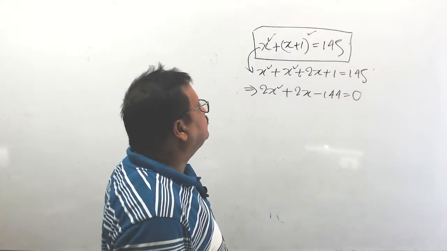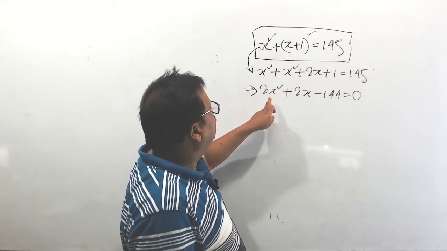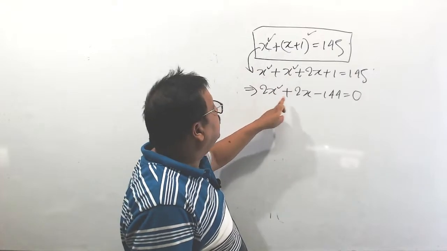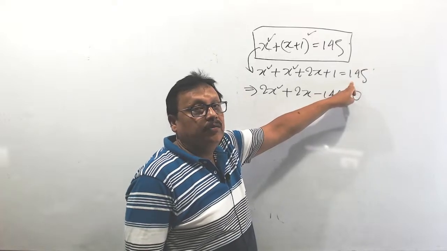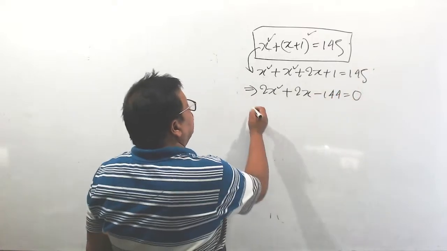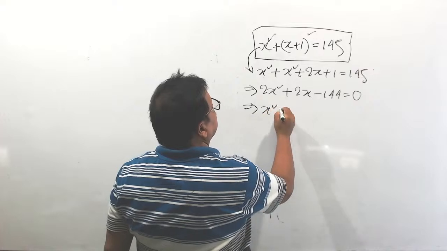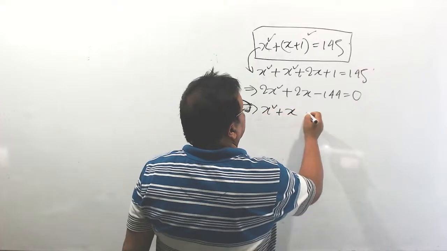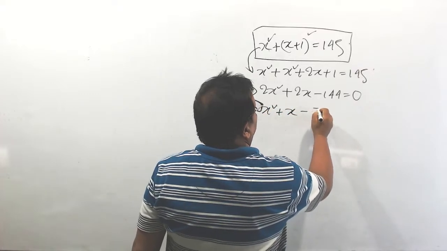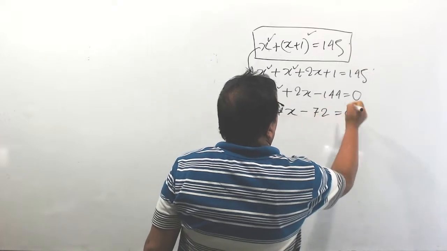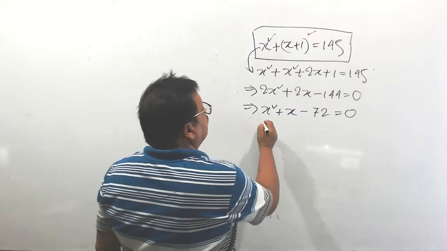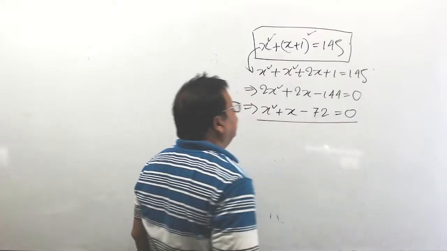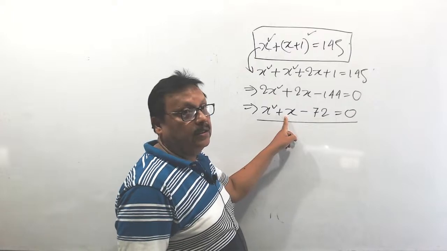See, x square, combine here, 2x square plus 2x plus 1 minus 145, that is 144. Divided by 2, that is x square plus x minus 72. Okay, now you have to solve by using what? Middle term method. You have to bring the coefficient 1.